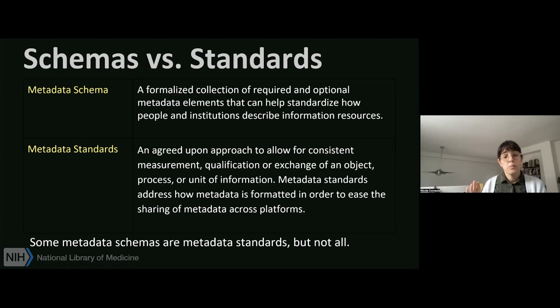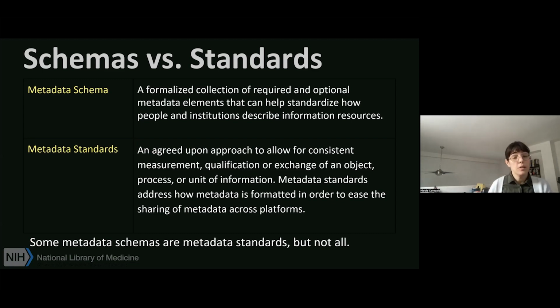There's also things we should talk about, which are metadata schemas versus metadata standards. A metadata schema is a formalized collection of required and optional metadata elements. That can include things like project title, author, and the collection of these together as both required and optional creates the schema.